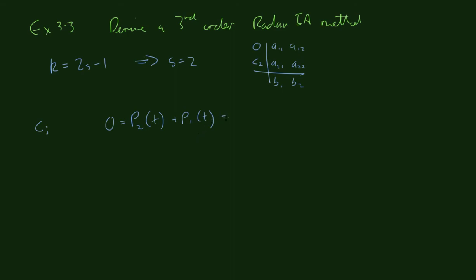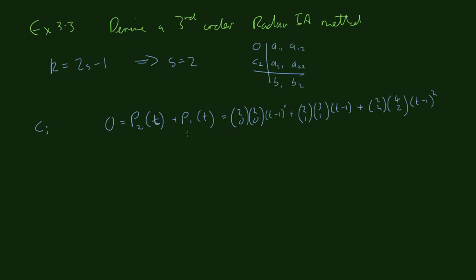So that's going to be 2 choose 0, 2 choose 0, times (t minus 1) to the power 0, plus 2 choose 1, 3 choose 1, (t minus 1) to the power 1, plus 2 choose 2, 4 choose 2, (t minus 1) to the power 2. So that's your P_2(t).